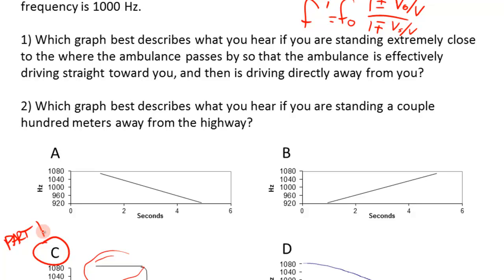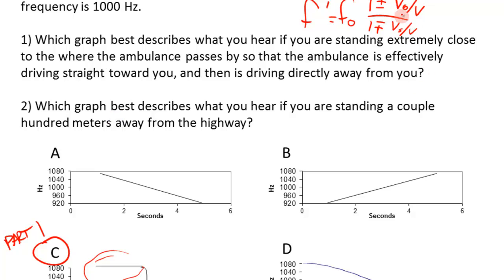As a result, in the case where you're quite far away from the path where the ambulance is going to travel, you actually do get an effect where the distance between you and the source matters. That is because of the component of the ambulance's velocity that is in your direction.